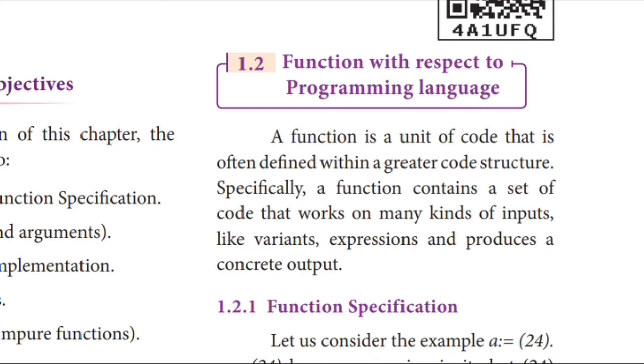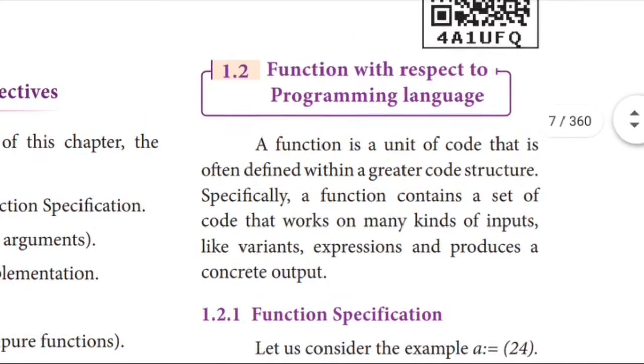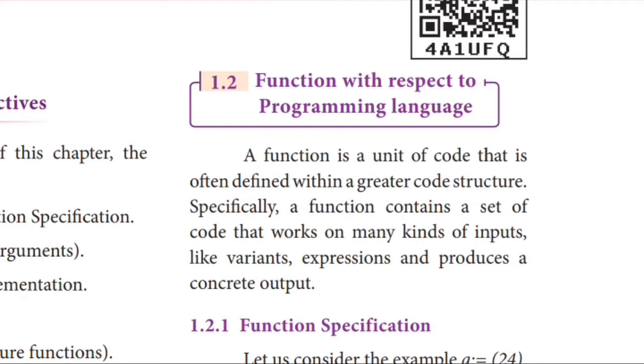We can use that function with the help of the function name, and we can use it any number of times. A function can work any number of times without any hesitation, and it will perform the same task and same procedure, and it will give the output according to the input.